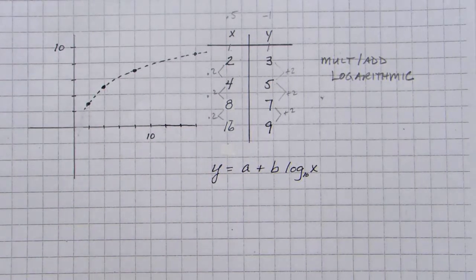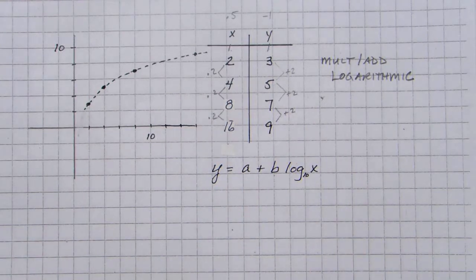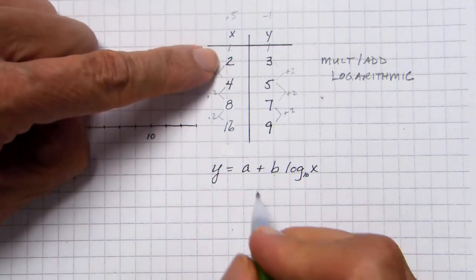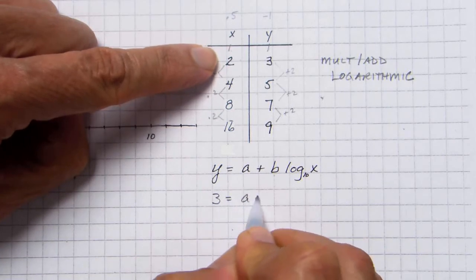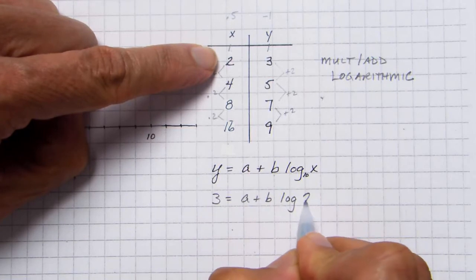So as we've done in the other problems we've worked on, we plug in some points. We have 2 things we don't know, which means we need to create 2 equations in order to solve the system. And so I'll just take the first pair of numbers and get 3 equals a plus b log 2.